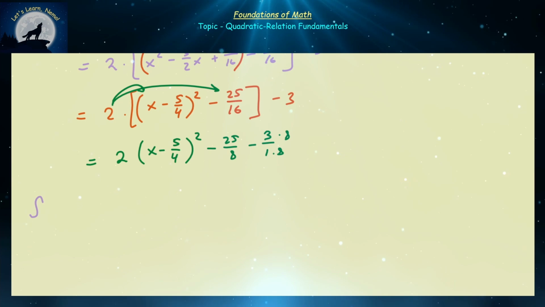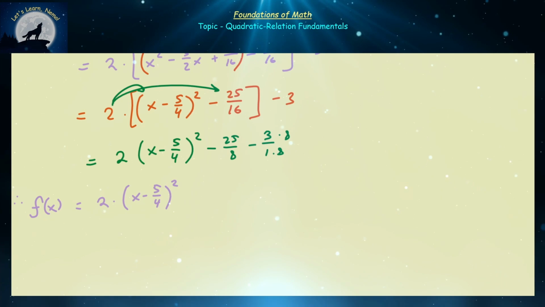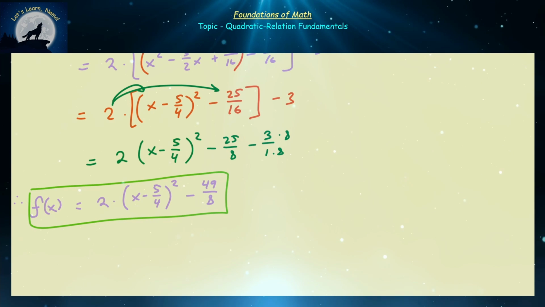Once we do that, we have another representation of our function. In particular, f of x is equal to 2 times (x minus 5/4) quantity squared, and minus 25 minus 24, which is equal to minus 49 over 8. And this form is what some people refer to as the standard form of the parabola.